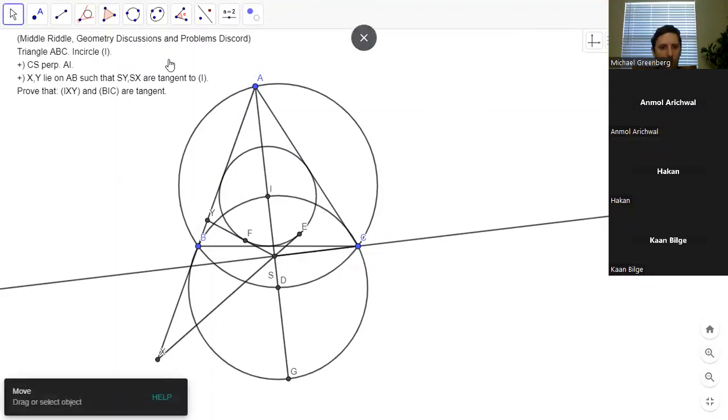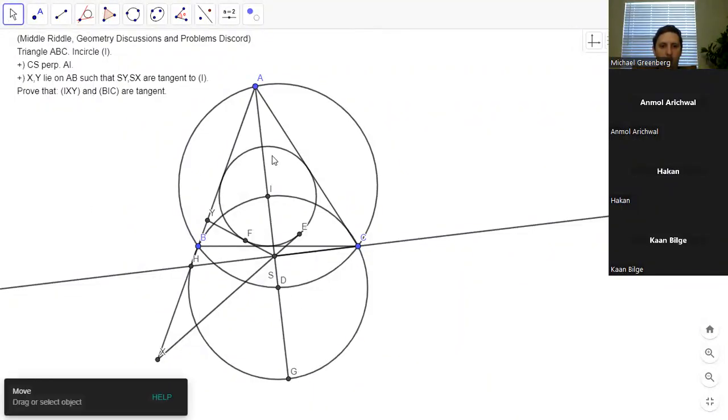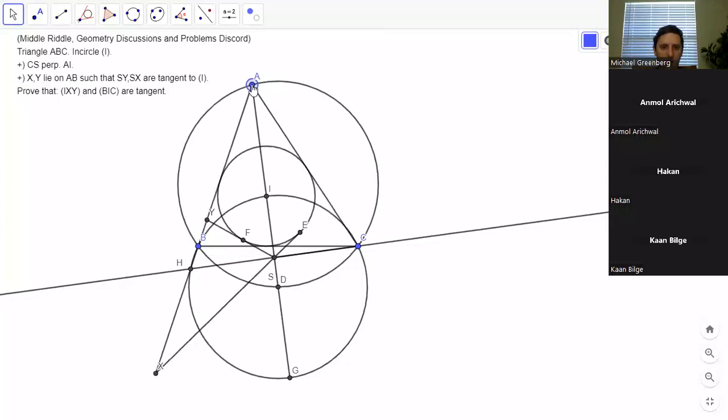So by symmetry, these are going to concur. Because AI is the angle bisector, AH equals AC, and those concur, and therefore XHYA is harmonic.